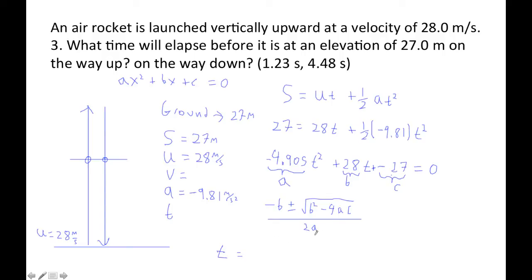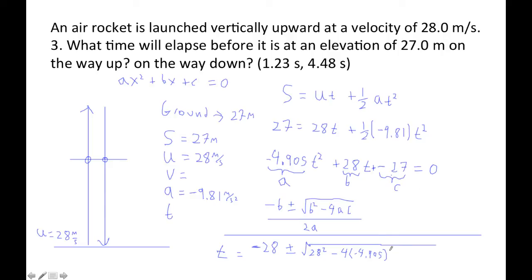So our time is going to be, let's do a demarcation here. Our time is the opposite of 28 plus or minus, and we're going to have to evaluate this expression 2 times. The square root of 28 squared, minus 4 times negative 4.905, times c.